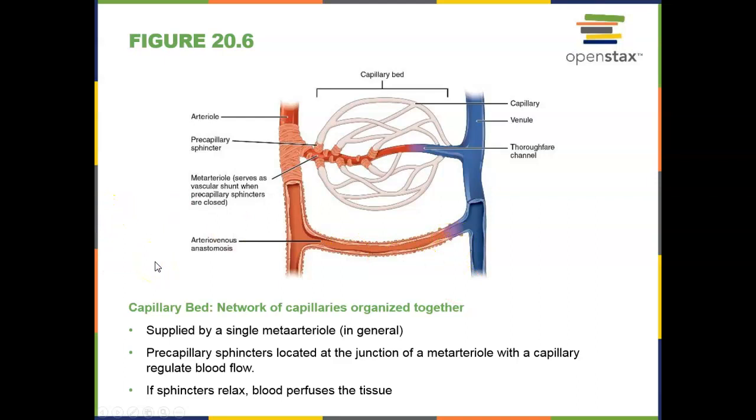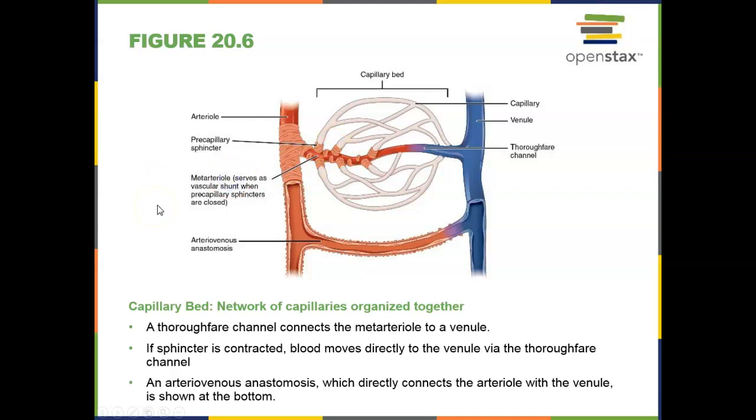What happens is within that meta-arterial, we have these sphincters. They're called precapillary sphincters, and these sphincters are smooth muscles that are contracted. When they're contracted, they don't allow for gas exchange or nutrient exchange within that capillary bed. And then if they relax, then blood can go into those capillary beds.